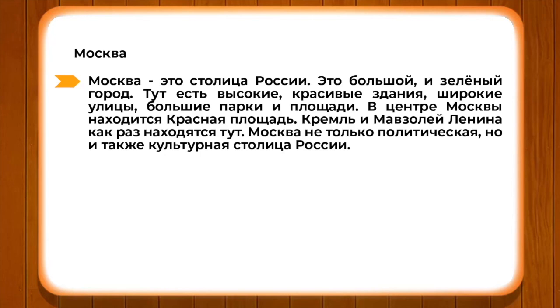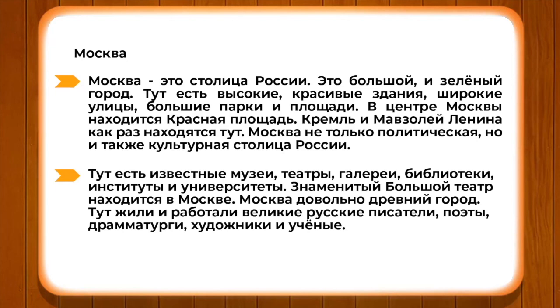So here in the first paragraph we have seen what kind of buildings and what kind of atmosphere and tradition there are in the capital of Russia, that is Moscow. Okay, now let's go ahead. Тут есть известные музеи, театры, галереи, библиотеки, институты и университеты.